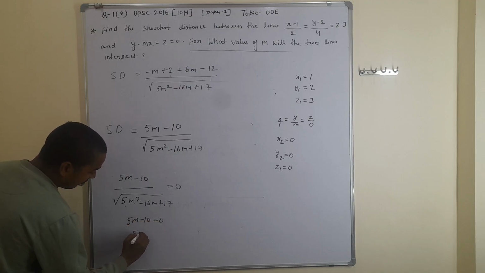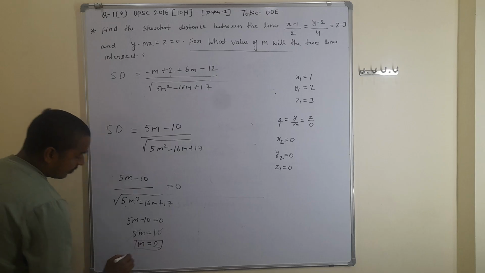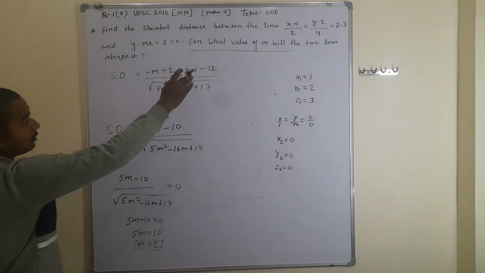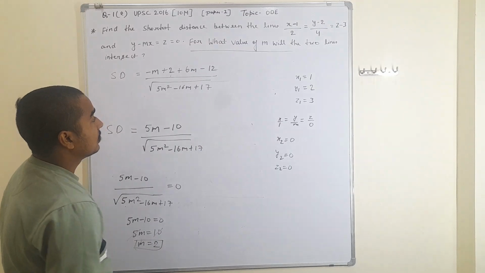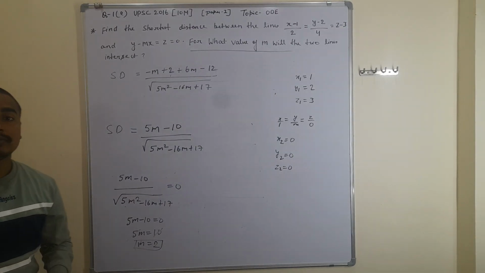So 5m is equal to 10 and m is equal to 2. The value of m is equal to 2, then the two lines will intersect. This is the required solution of the given problem. Thank you, class.